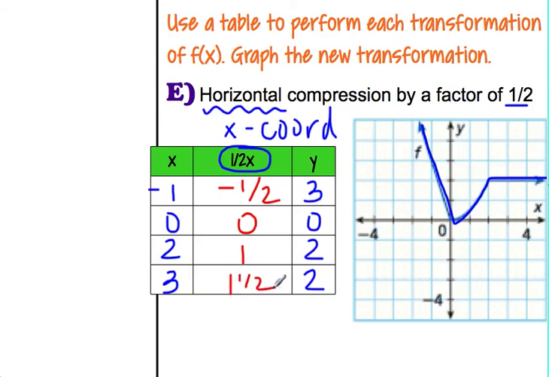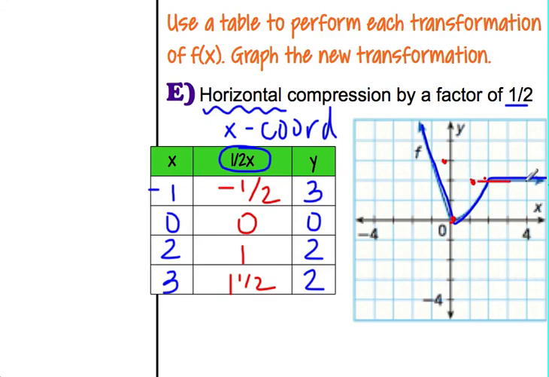So when I go to graph that, we have now -1/2, 3, squishing it in tighter, still 0, 0, 1, 2, and 1 1/2, 2.